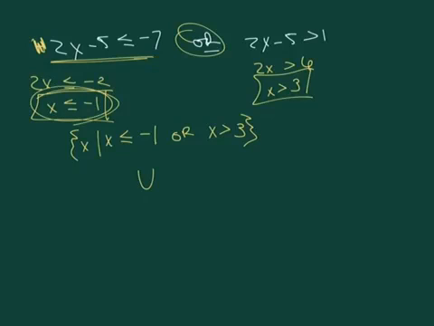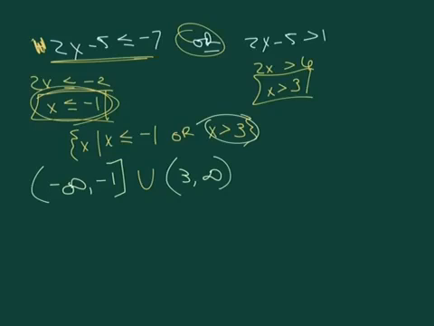X is less than or equal to -1, so it goes -infinity to -1. It includes it, so it gets the box. And then the greater than 3, but it's not equal, positive infinity, and you get that. And the graph then would look like this.